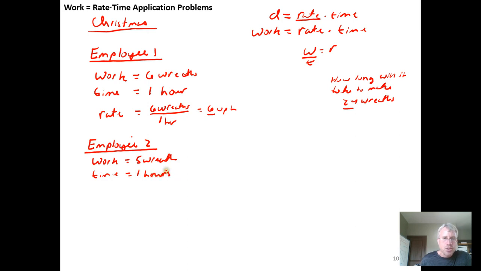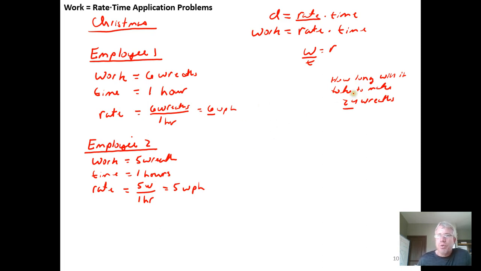So employee 2 is just slightly slower than employee 1. Well, we still can calculate employee 2's rate because their rate is the work done, 5 wreaths, per the length of time it takes to complete that work, 1 hour, or just 5 wreaths per hour.